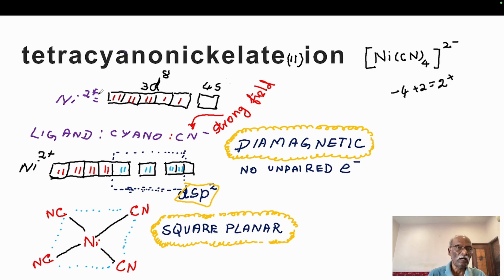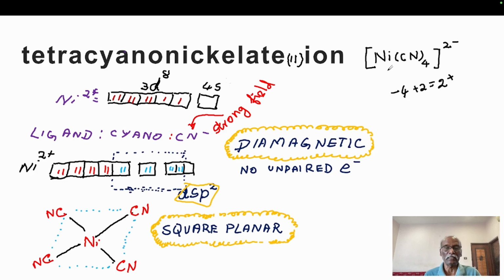Now actually I am coming back to the topic again. Tetracyanonickelate. Why do we use the word nickelate instead of nickel? Because as per the IUPAC rule, when a metal is present inside an anion, a negatively charged ion, the metal is called nickelate, cuprate, ferrate, cobaltate, and so on.